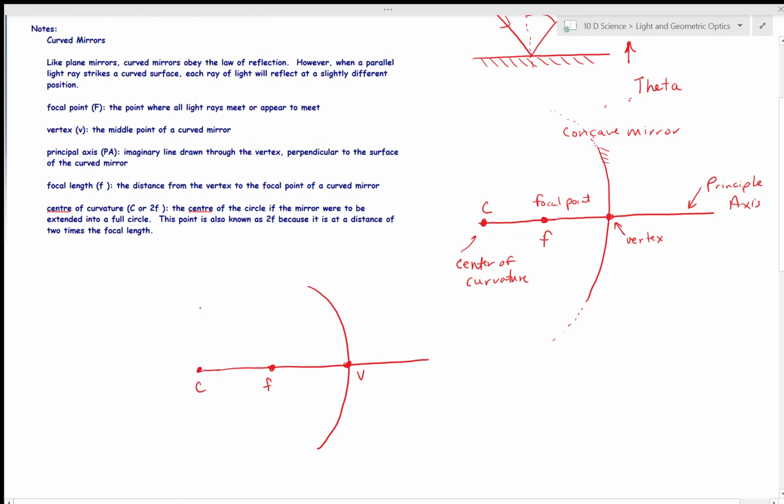If I have light rays that are traveling parallel to the principal axis, as these ones all are, when they strike the mirror, they strike it at such an angle that when they reflect backwards, they always reflect to that focal point.